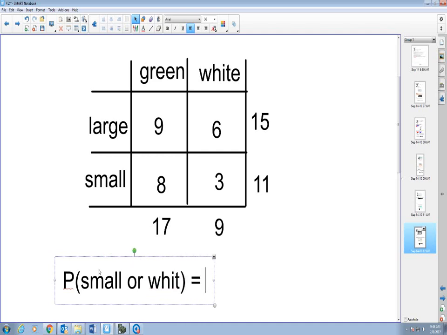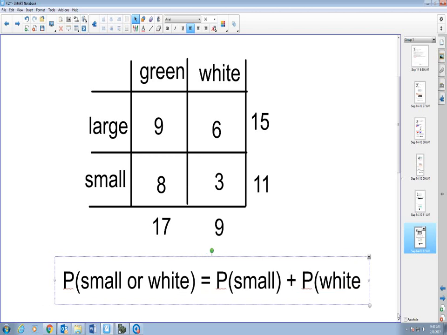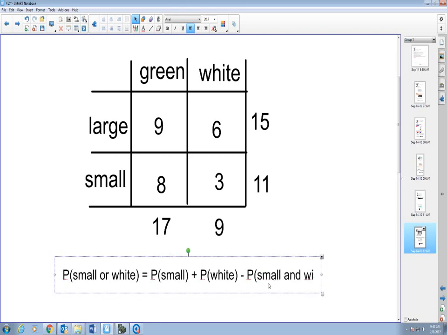Alright, so once you figure out these numbers, the probability of small or white, if you follow the formula, would be the probability of small, plus the probability of being white, minus the probability of being small and white.